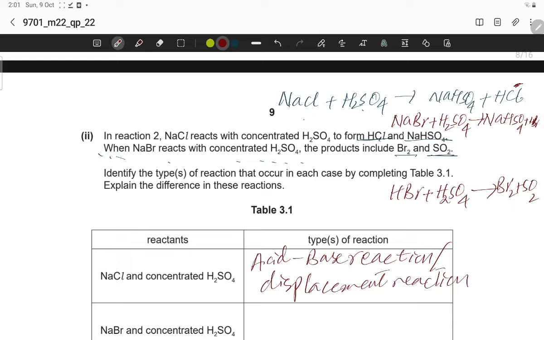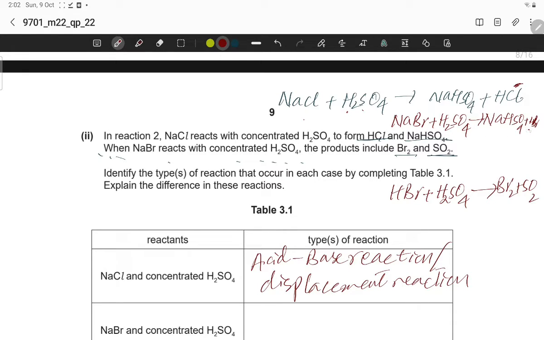But in the next reaction, NaBr plus H2SO4 gives NaHSO4 and HBr, which is unstable and is further oxidized by sulfuric acid. In the above case, chloride is a stronger oxidizing agent than sulfuric acid, so it cannot be oxidized.